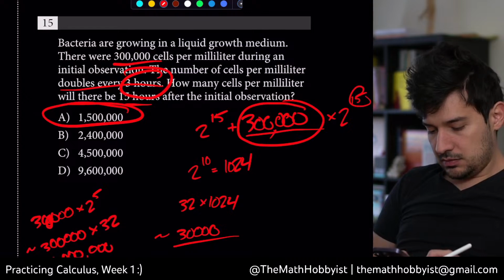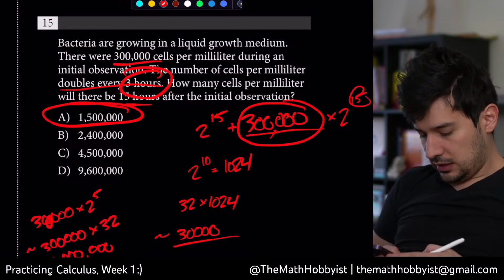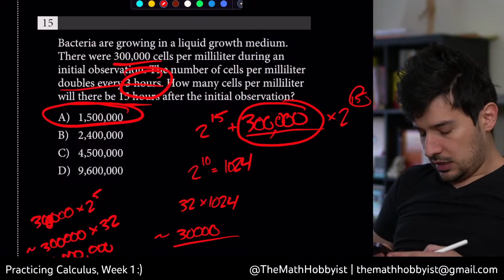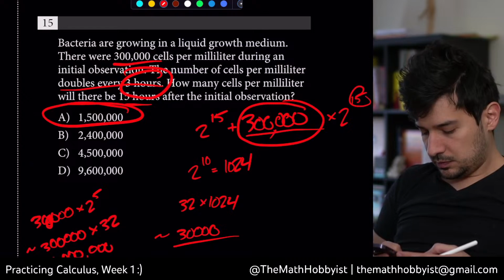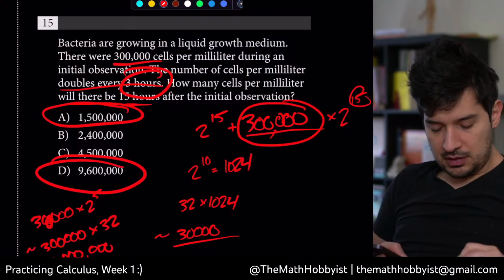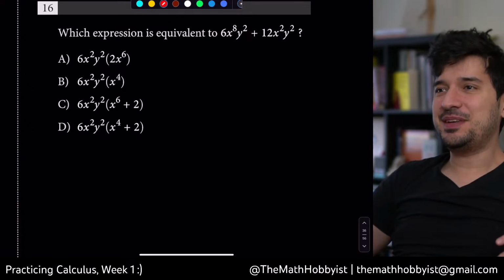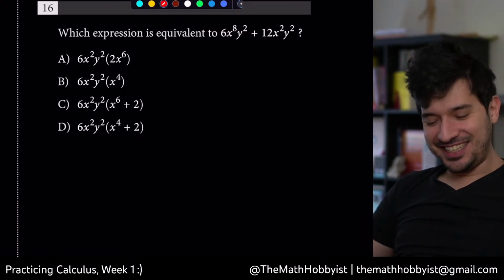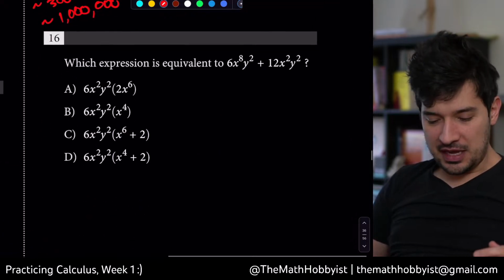But let's also check our calculator. 300, 1, 2, 3, times 32. I got it wrong. It's this one. I'm so bad at math, y'all. Okay, oh well. Mental math. We're dusting off the cobwebs. Good thing that we can use a calculator, and I would have done that.